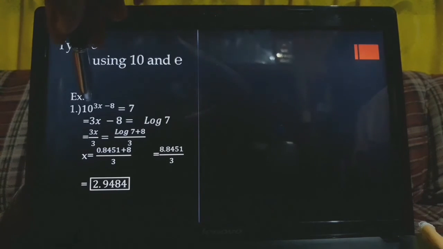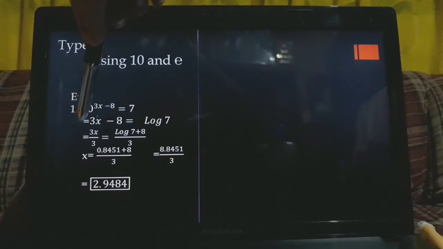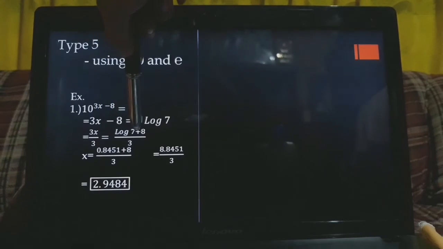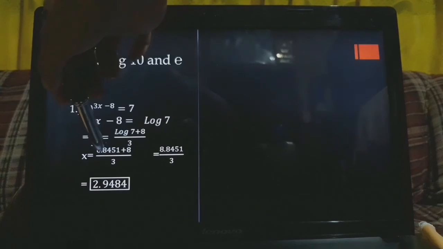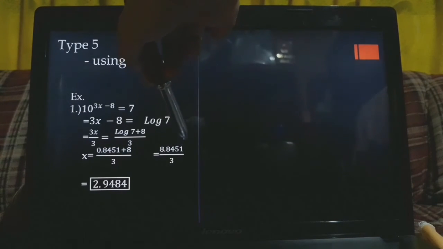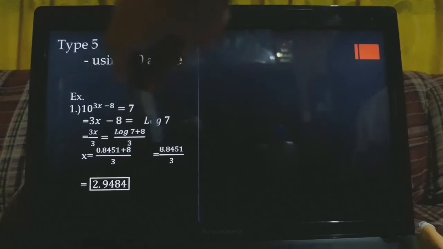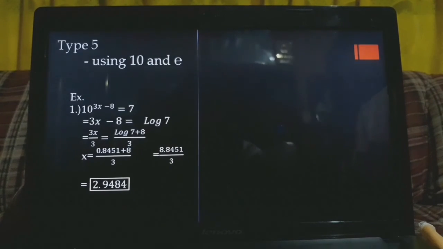And then divide this into 3, but transpose this first, so it will become positive. 3x is equal to log of 7 plus 8. So cancel. Try to input this on your calculator, the log of 7, then this is the value. Then simplify. This is the answer, 8.8451 over 3. Simplify again, then the answer is 2.9484.